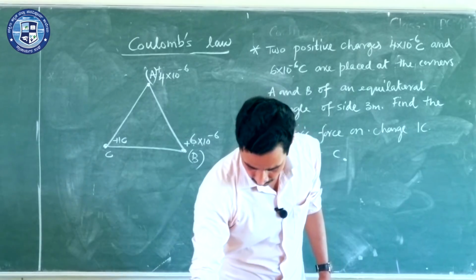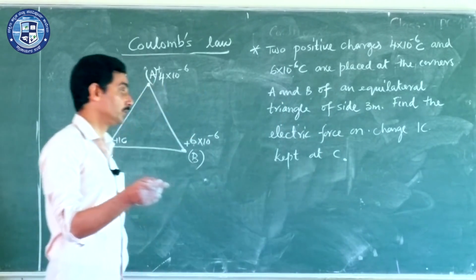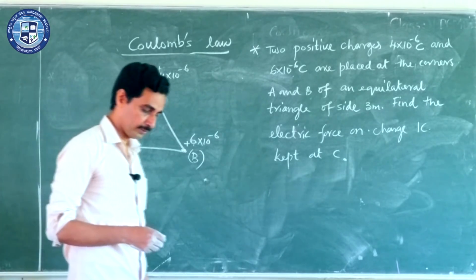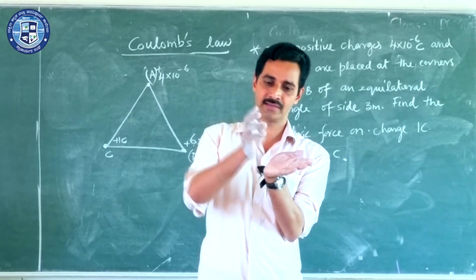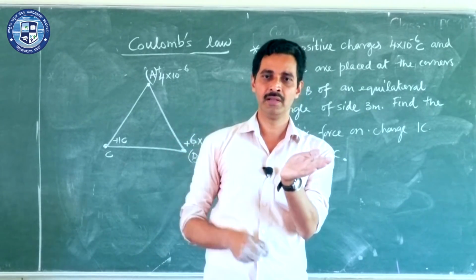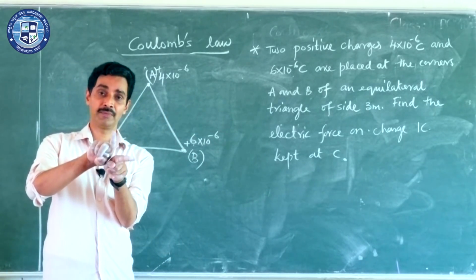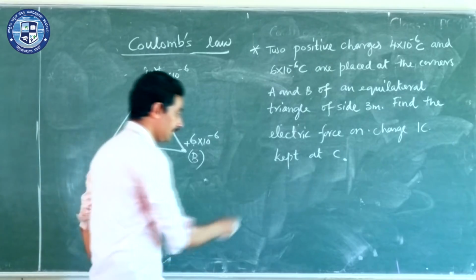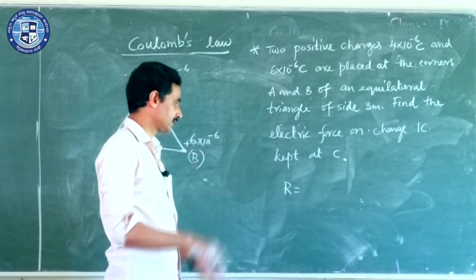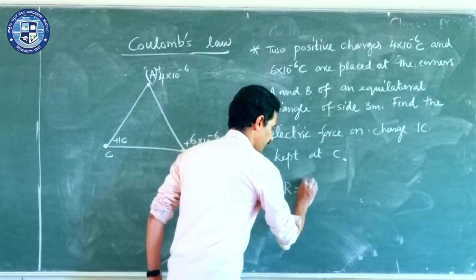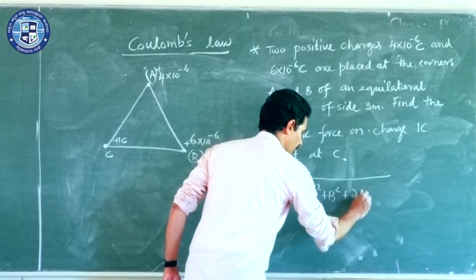Electrostatic force. If I want to find it out, I must use the parallelogram law of vector addition. In the first year you have seen, if 2 vectors are acting in 2 directions at the same point, then the resultant is given by the diagonal of the parallelogram. The resultant is given by root of a square plus b square plus 2ab cos theta.